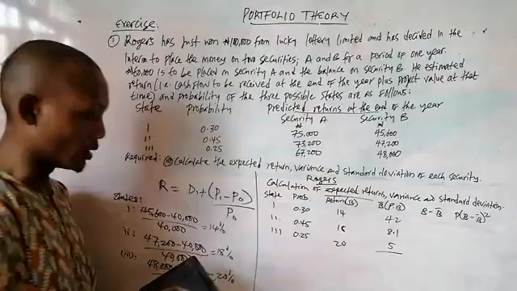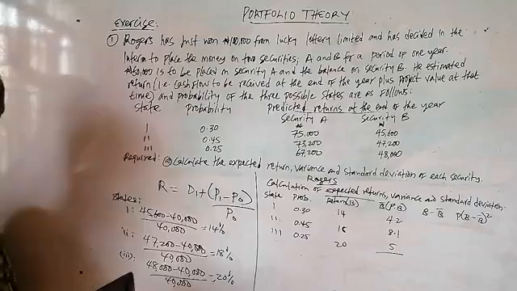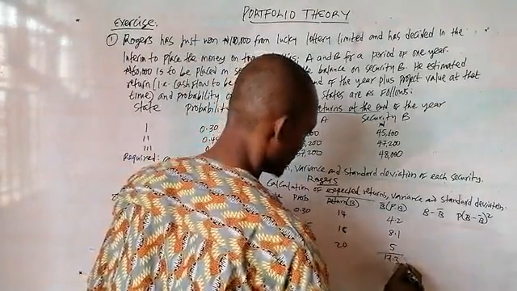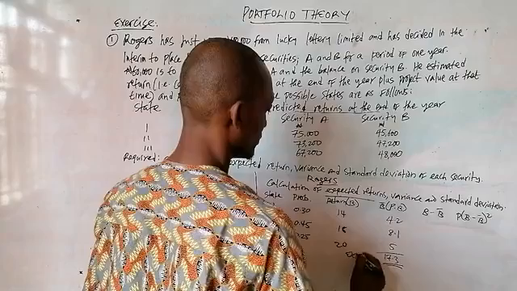So we sum it up: 4.2 plus 8.1 plus 5 is 17.3. So this is the expected return.